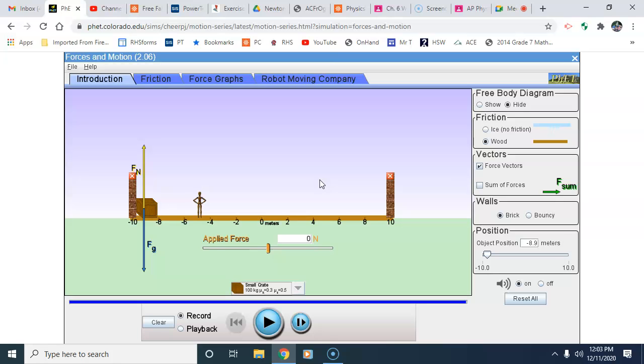Therefore, if I balance it, it will remain constant, right? And let's apply that idea to pushing something with friction at a constant velocity. Just imagine sliding your book across the table at constant v, like that. To accomplish that, you have to push with the same amount of force as friction is opposing you, as kinetic friction is opposing you since you're sliding.